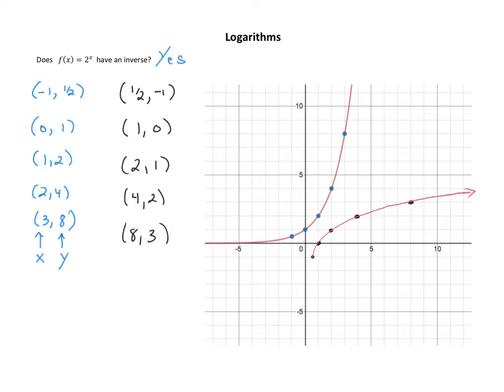Now, because a function and its inverse have to be symmetric over the line y is equal to x, it must be that since this function is getting really close to the x-axis, this has to get really close to the y-axis.